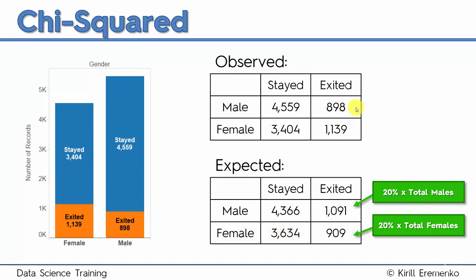Now, if you look at these two tables, they are quite different. The expected value here is over 1,000, here is below 900, here is the opposite, just above 900, here is over 1,100. So what the chi-squared test will do for you is tell you whether the difference between this table and this table is a random difference, or a statistically significant difference.